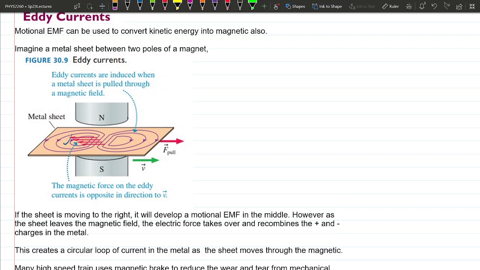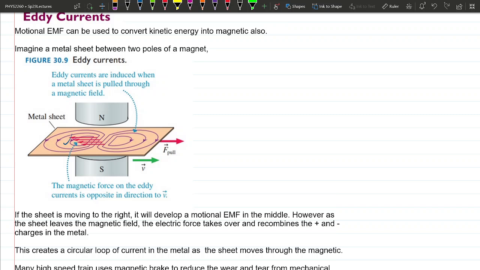But what's interesting is that this part of the current is inside the magnetic field, and this part of the current is outside the magnetic field, right? So if I do my right-hand rule once again, with a current going into the board here and a magnetic field going down, I'm going to have a force pulling to the left.